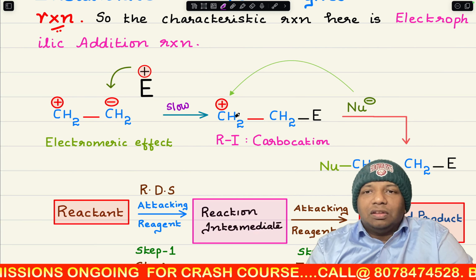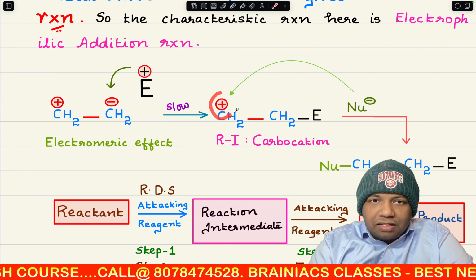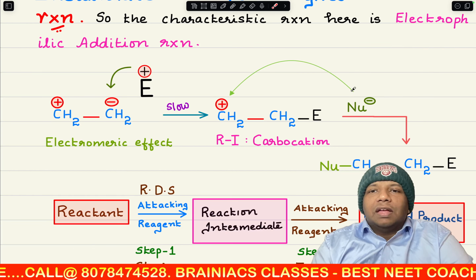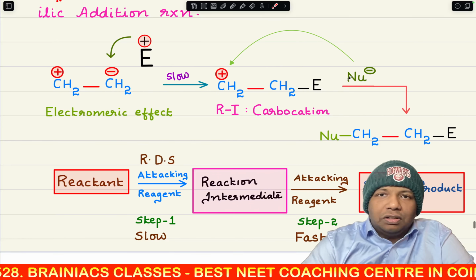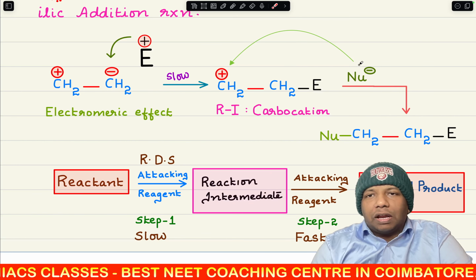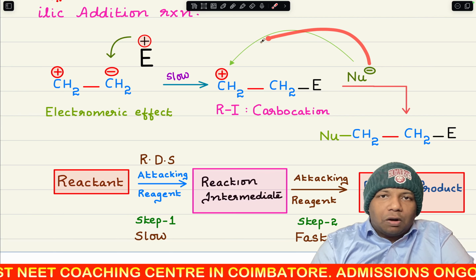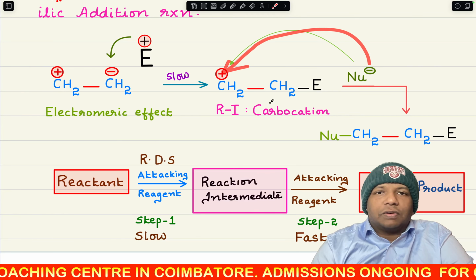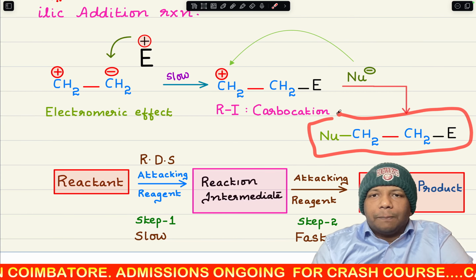Why is it staying? It is waiting for an oppositely charged species, because now the positive charge needs to be attacked by someone having the opposite charge. That is, I can say, a nucleophile. A nucleophile is an attacking species which carries a negative charge or a pair of electrons. So what will it do? It will donate its pair of electrons to the vacant orbital of carbon and form a bond like this, and form the final product.